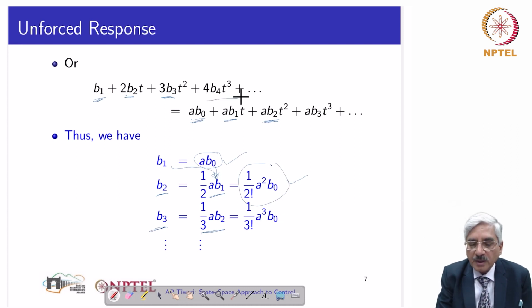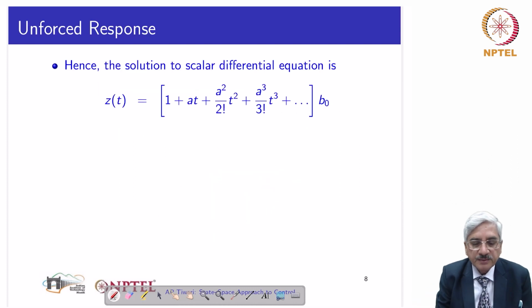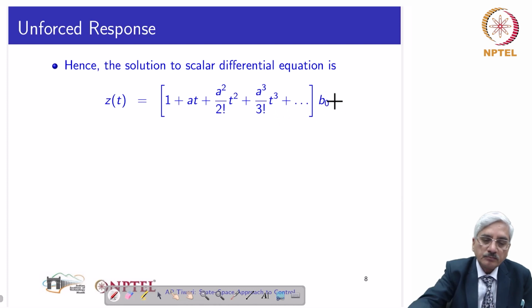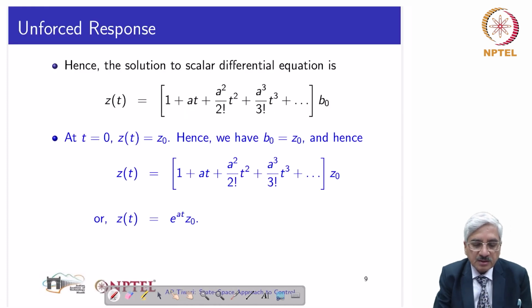This we do for all the various coefficients, and after substituting those values in the expression, z(t) will be equal to 1 plus at plus a square by factorial 2 t square etc., the whole thing multiplied by b0. At t equal to 0, the initial condition is given as z0.